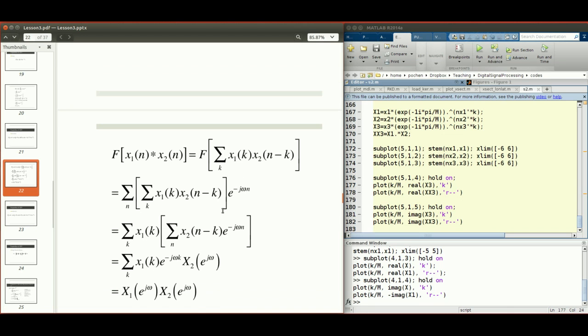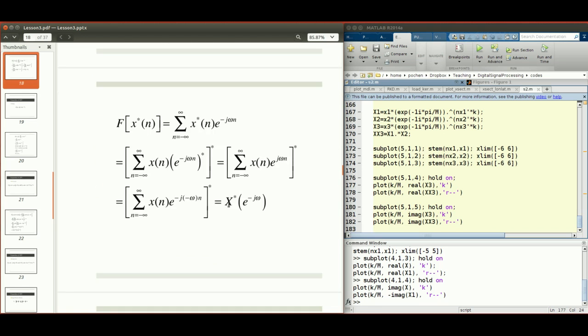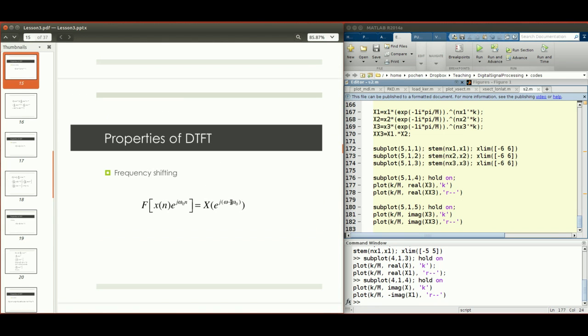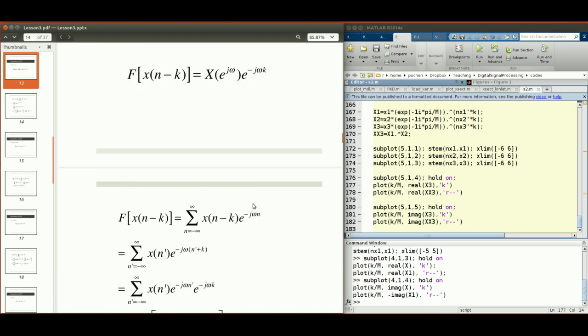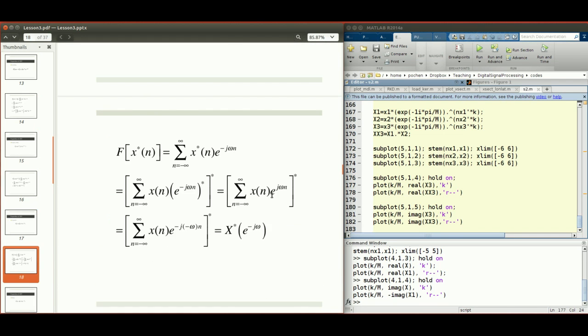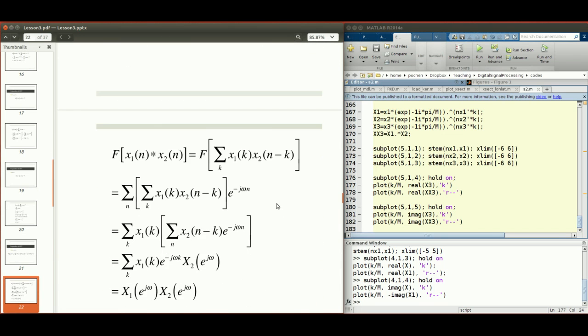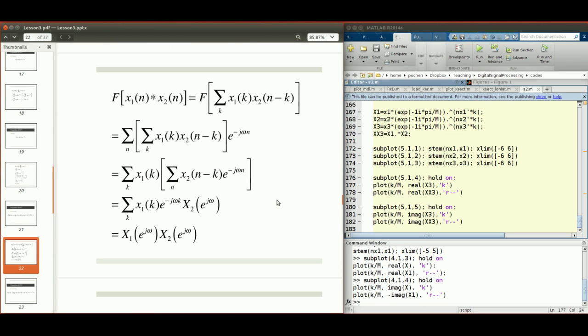So now we can use our first property, the time shifting property. The Fourier transform of a shifted signal equals the Fourier transform of the original signal times e to the minus j omega k, where k is the amount of shift. So we can use this time shifting property to write out the stuff inside the square bracket, because it's a Fourier transform of a shifted x2.